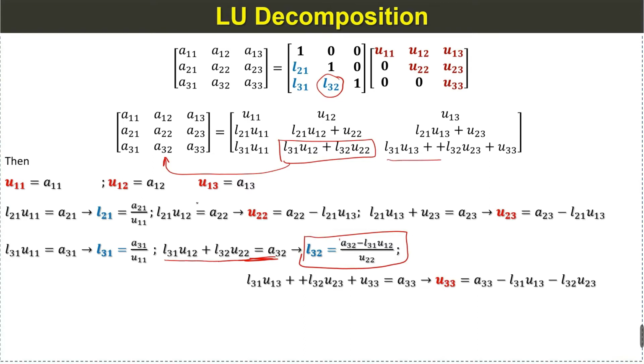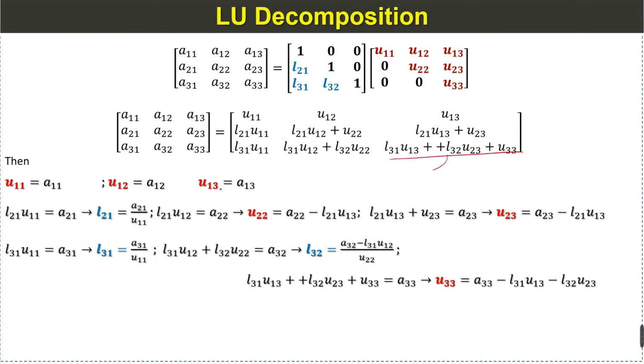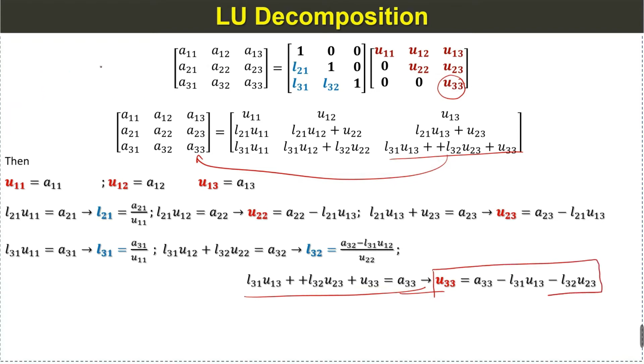The last one we have is this equation, which we compare with this entry of the coefficient matrix, and because we have to find the value of u33, we rearrange the equation, and after substituting all these values we will get the value of u33.